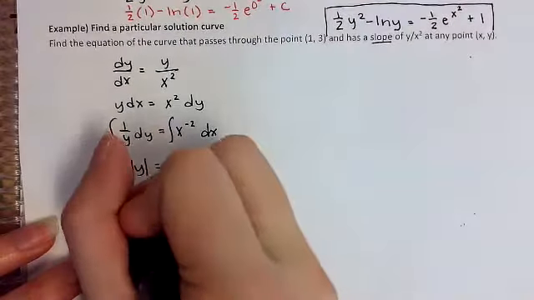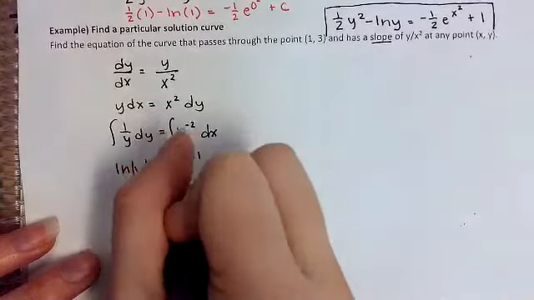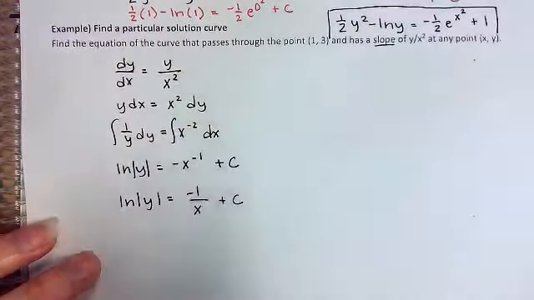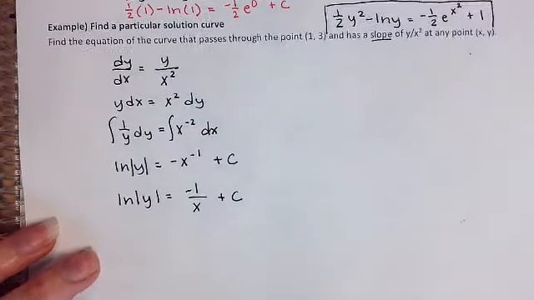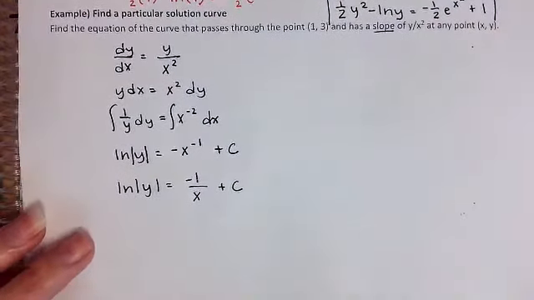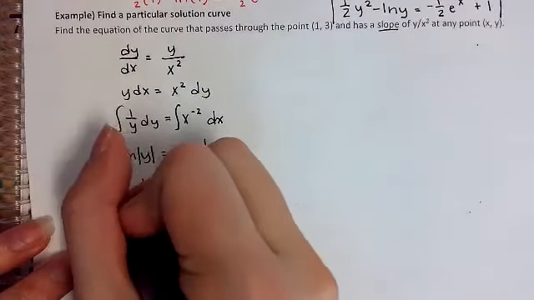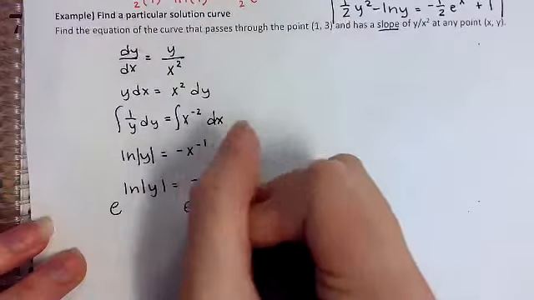Okay, I'm just going to rewrite this to be a little simpler, so we don't have negative exponents. How do I get y by itself? E it.